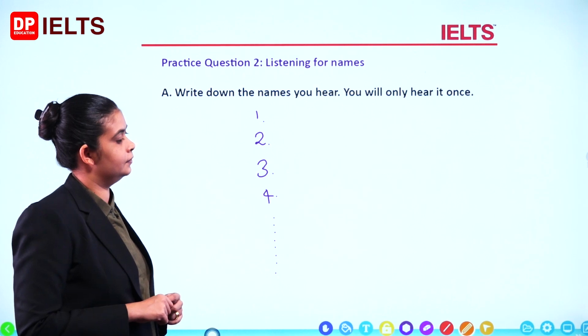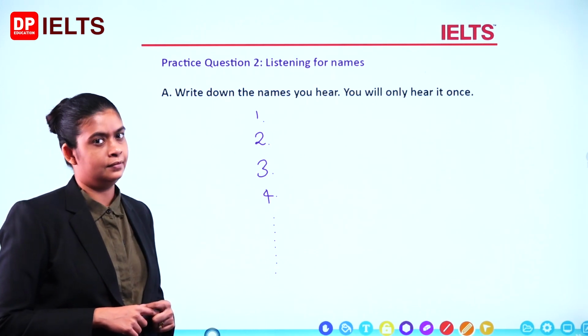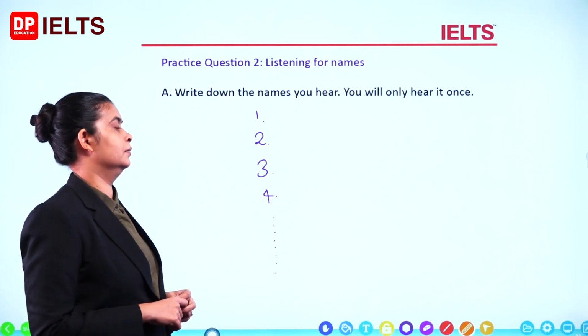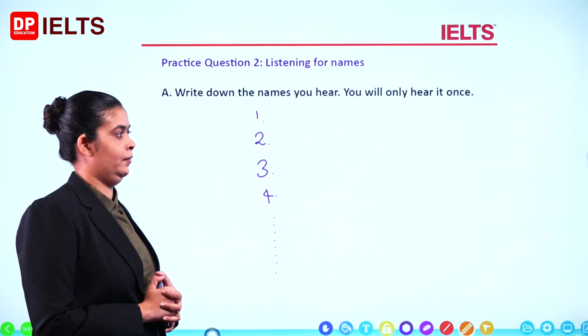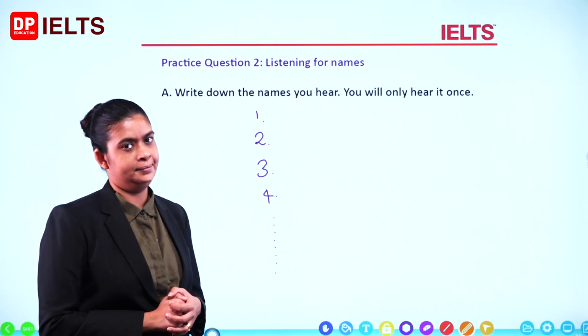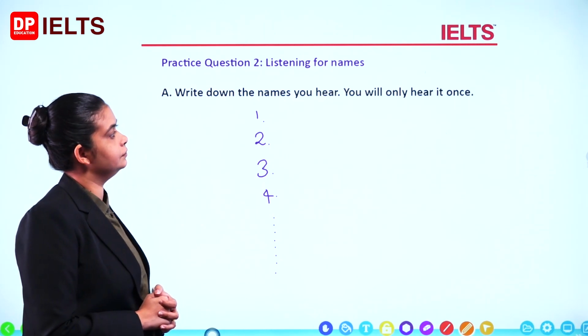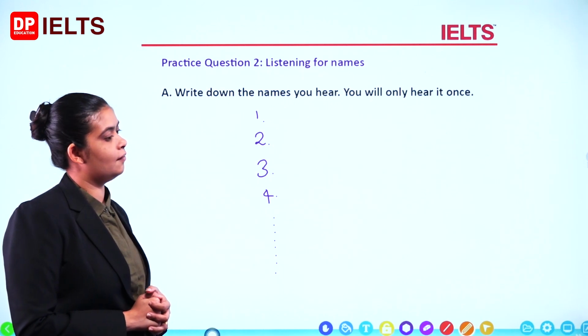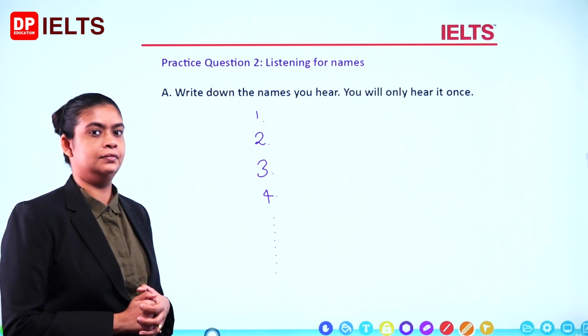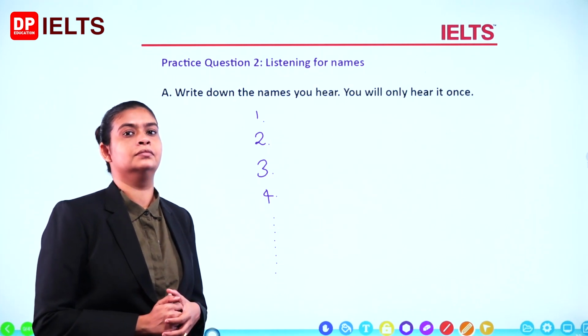Number 9. Mary Schooling. And finally, number 10. Sir Paul McKellen. The last name is spelled Mckellen.